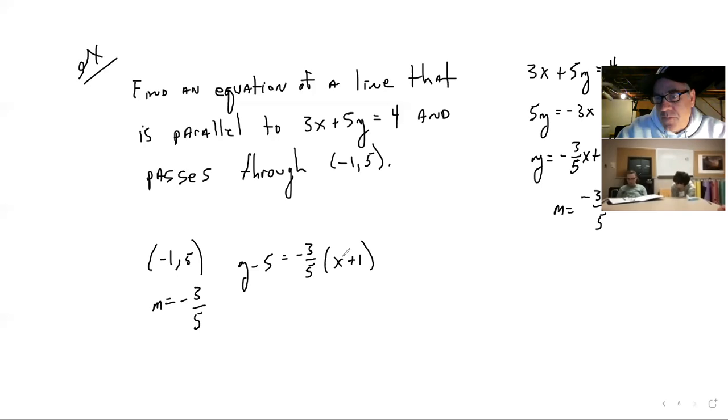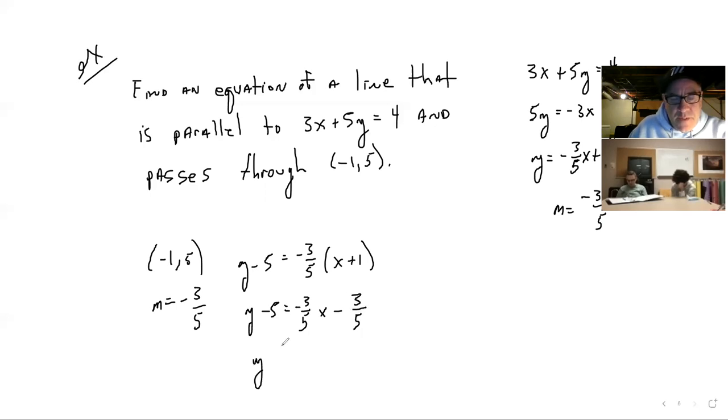Generally, I always opt for slope intercept. In this case, distribute -3/5, and then add 5 to both sides. That would be 15/5, so positive 22/5.